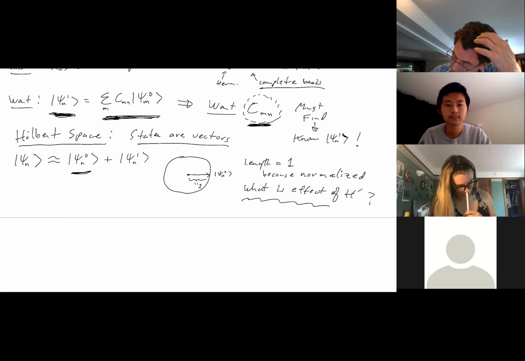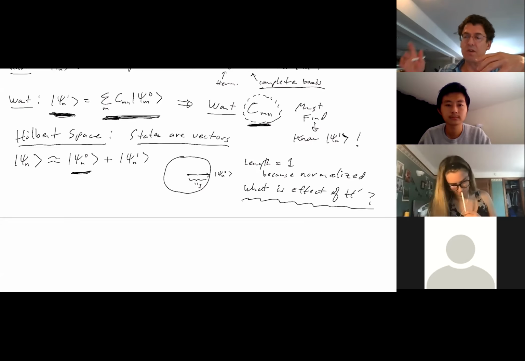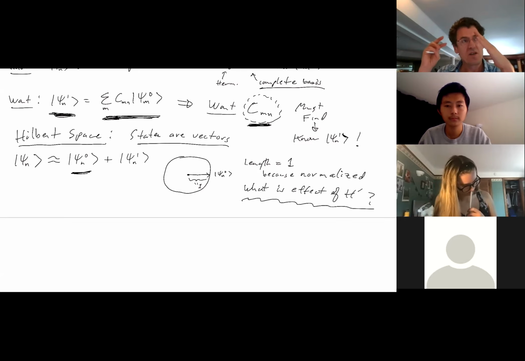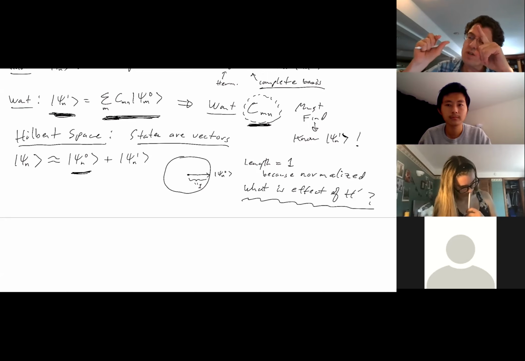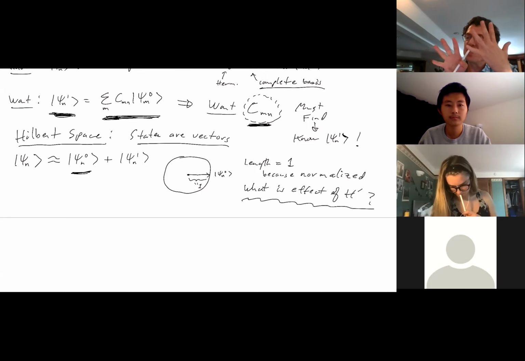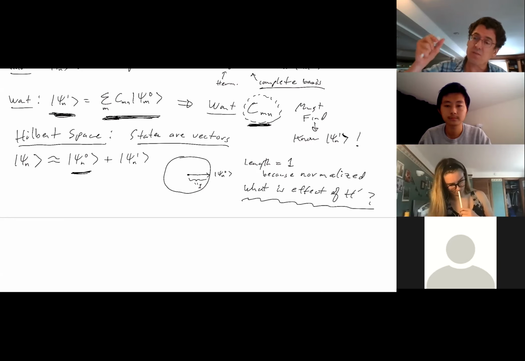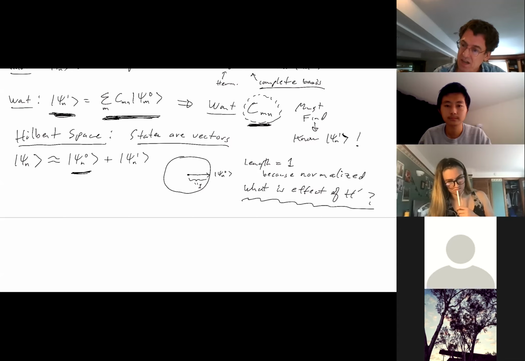This is a very meaningful question, because remember I've told you that the whole point of perturbation theory is you have to think of your unperturbed states as vectors in Hilbert space, and then you slowly turn on that perturbation, and then your unperturbed states morph, they change into the perturbed states. So I'm asking you the question right now, as I turn on the perturbation H prime, what happens to the unperturbed state? How does it change in Hilbert space? It gets scaled up by the energy.